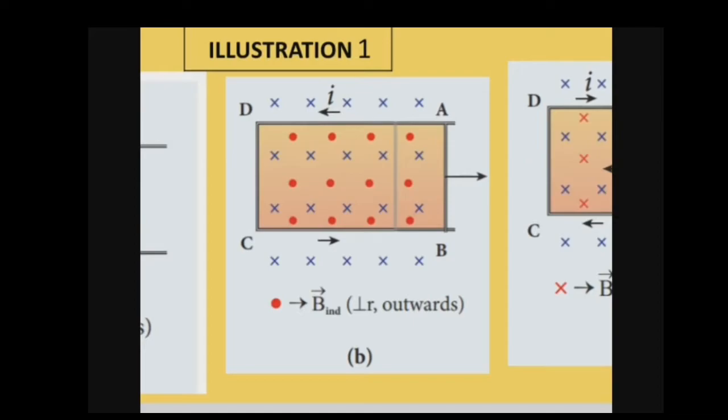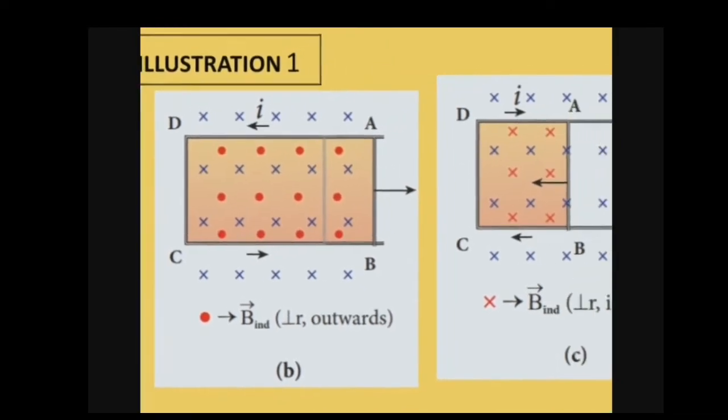The induced current opposes the flux increase, so the induced current produces a magnetic field to reduce it. Now another magnetic field is produced pointing outward, so the induced current is anti-clockwise, by using the right hand thumb rule.